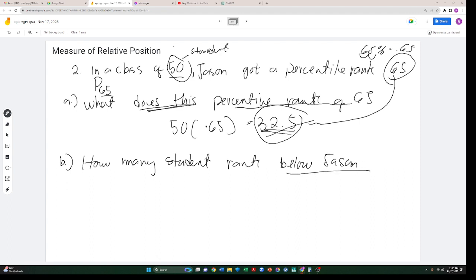So, the answer to this is, since there are 50 students in all, the number of students who got scores below Jason is 50 times 0.65, which is 32.5. So Jason's rank is 65, and his result is 32.5.